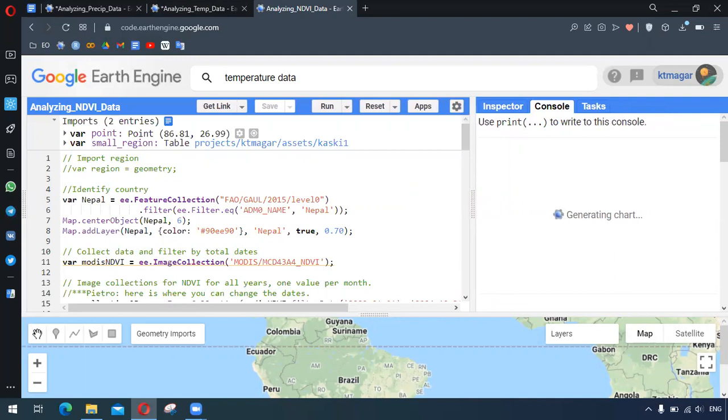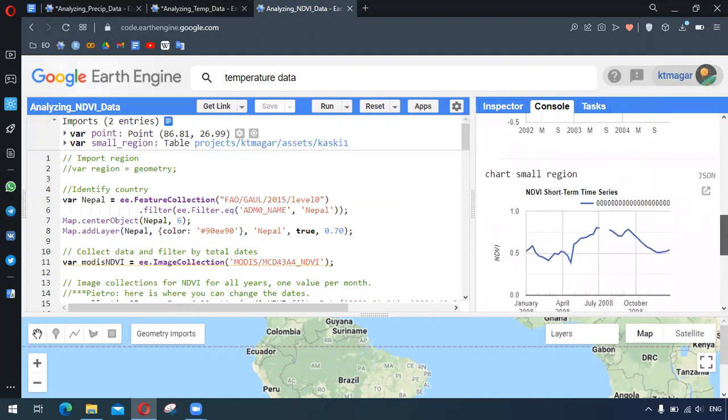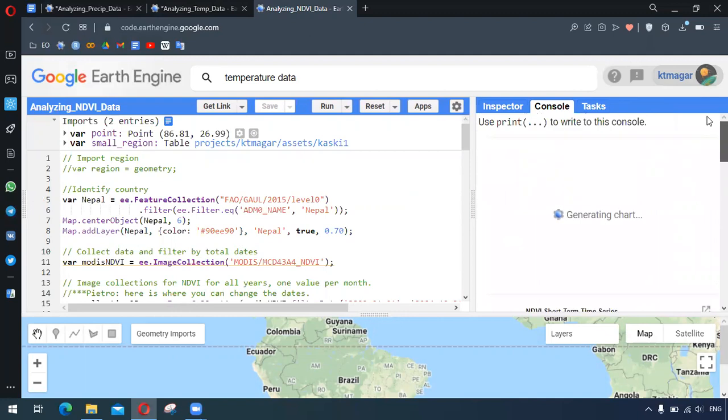It says generating chart. So the codes can be checked in the Earth Engine guides, and you can play along with these codes.